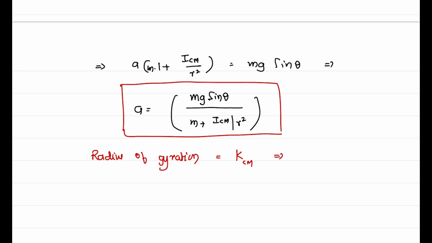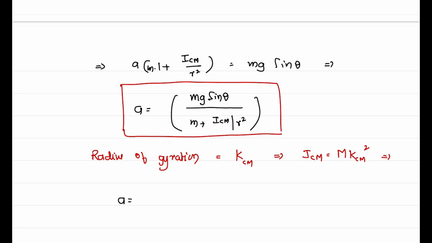Then ICM is equal to m into kcm square, like m r square, which implies we replace this ICM value with the radius of gyration. What happens? Let us see.